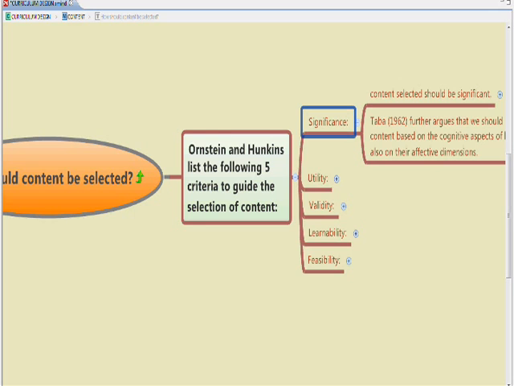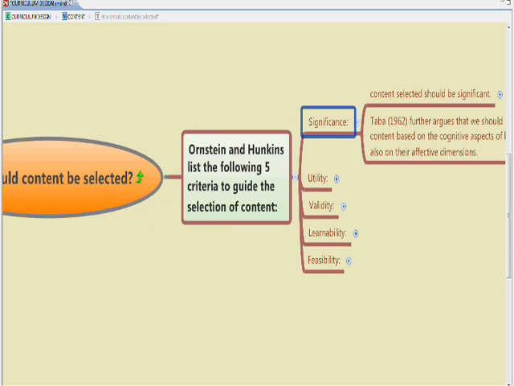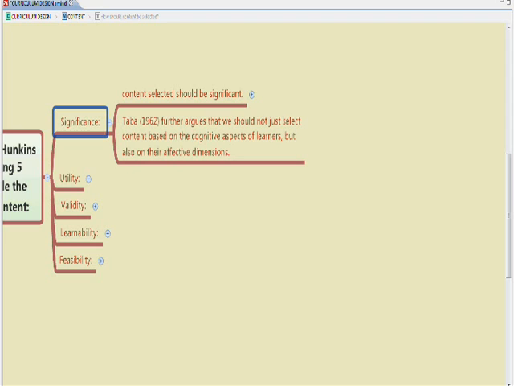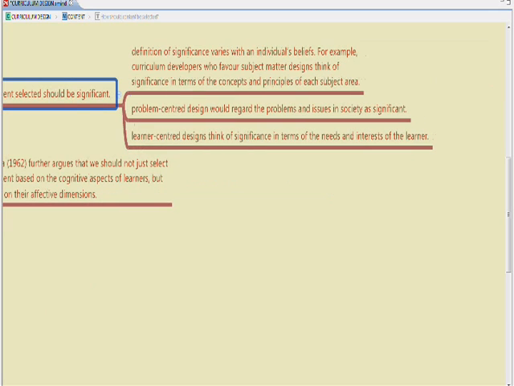Now, the first thing, let's talk about content selected should be significant. What does it mean that the content selected should be significant? We talk about how the definition of significant varies with an individual's belief.